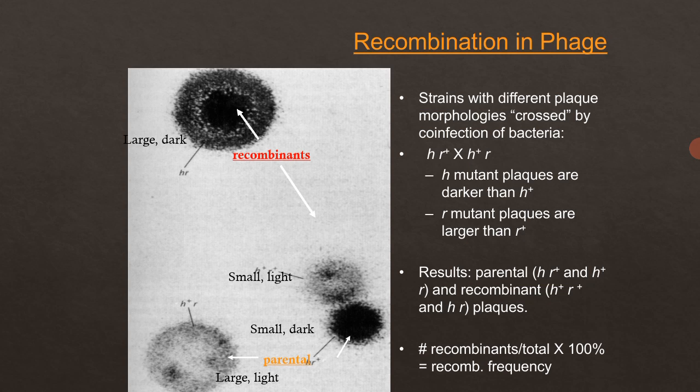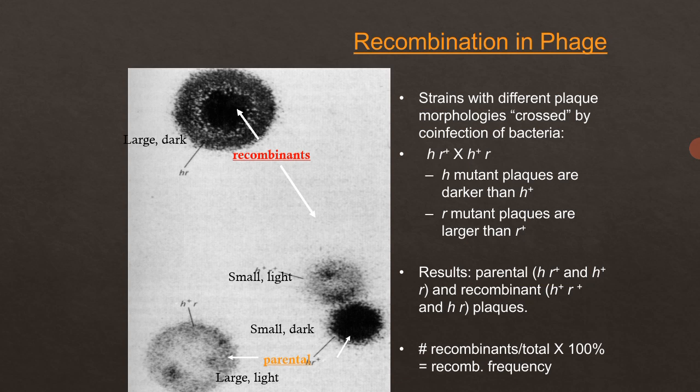After we crossed these two kinds of phages, we got two identical ones, that is one H plus R and one HR plus, and along with this we got two recombinants. The first one is HR and another one is the H plus R plus. Now what is H for? H plus is for lighter, so H will be what? Darker.